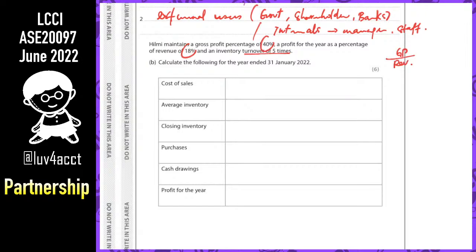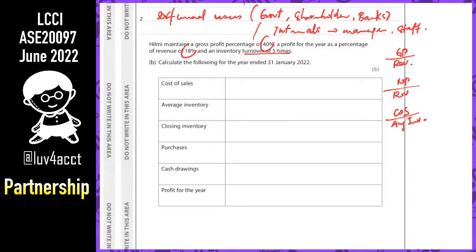Then net profit over revenue. Then inventory turnover in times is cost of sales over average inventory. We need these to help us calculate cost of sales, average inventory, closing inventory. If you know average inventory, you can calculate closing inventory by this formula.